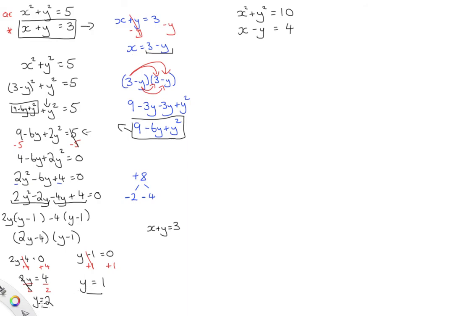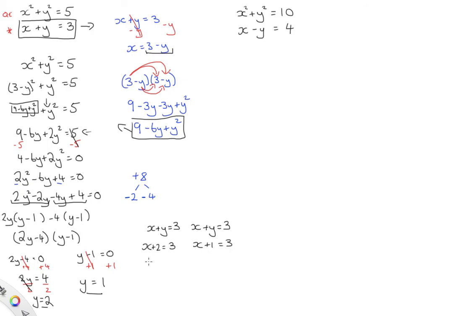So now we have to do this twice. X plus y equals 3, x plus y equals 3. Now we're going to substitute in y is equal to 2 in this one here. So x plus 2 is equal to 3. And then over here, x plus 1 is equal to 3.